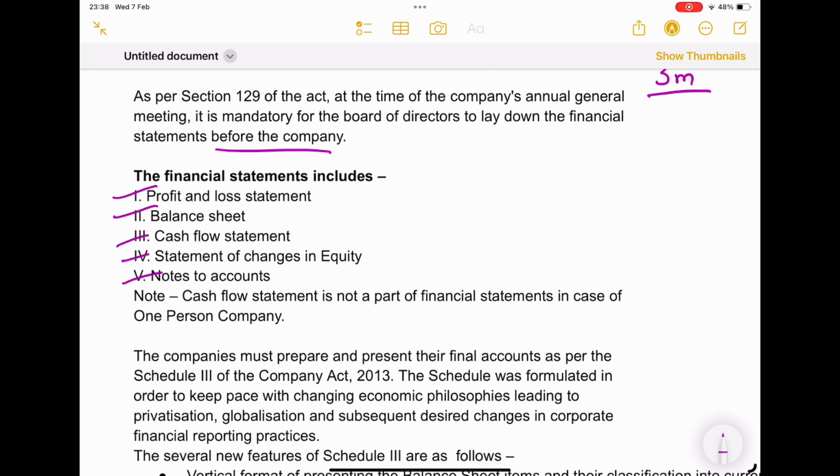In the profit and loss account, now we are going to call it the income statement. Next, the balance sheet will be considered as a financial statement.